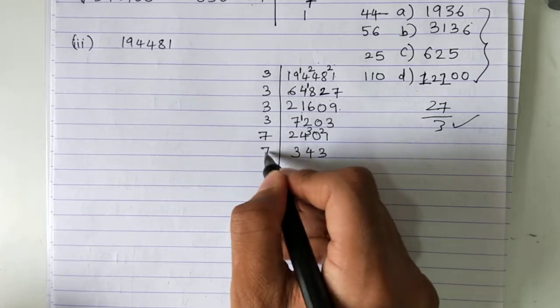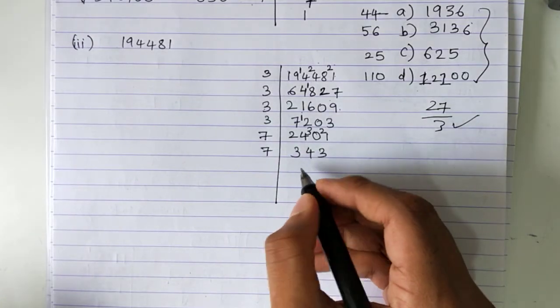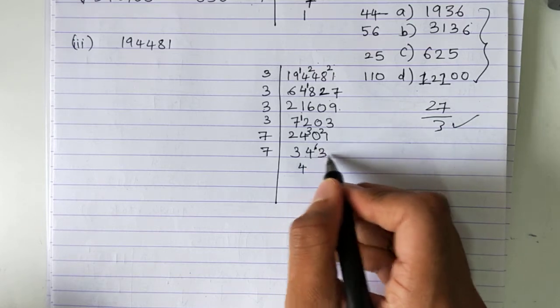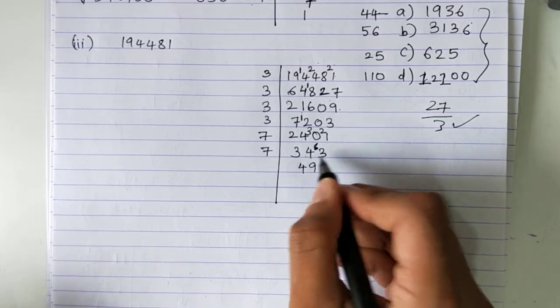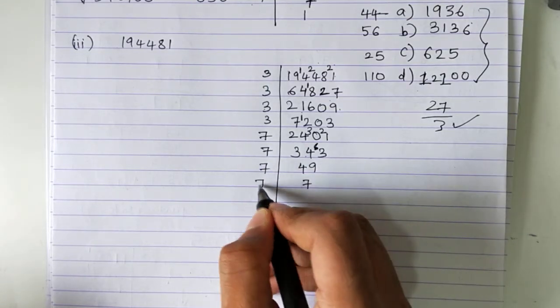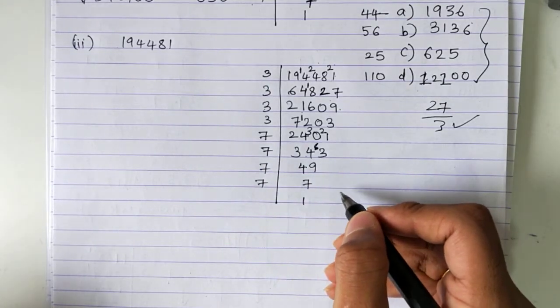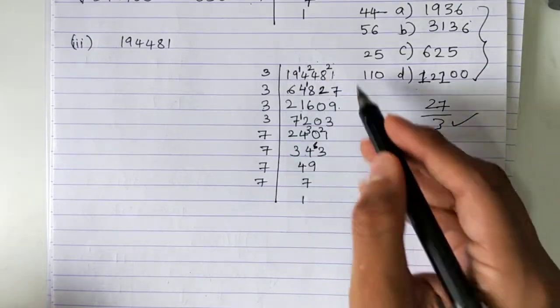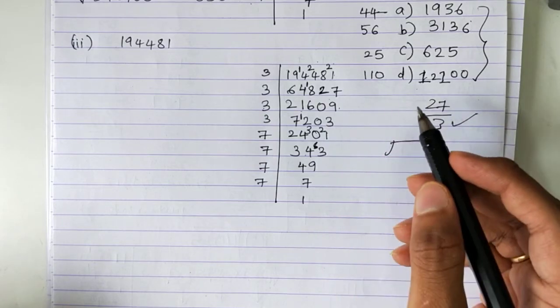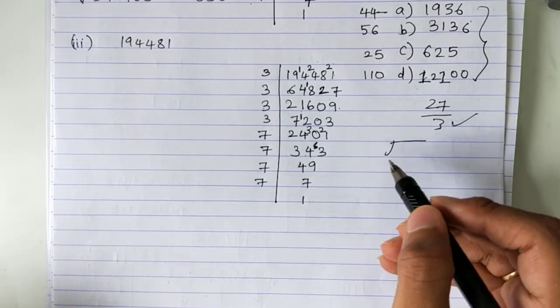Okay. Then 7 4s are 28. 6 will remain. So 63. 7 9s are 63. 7 7s are 49. 7 1s are 7. So we have divided this. You can also do this type of division for finding the numbers.